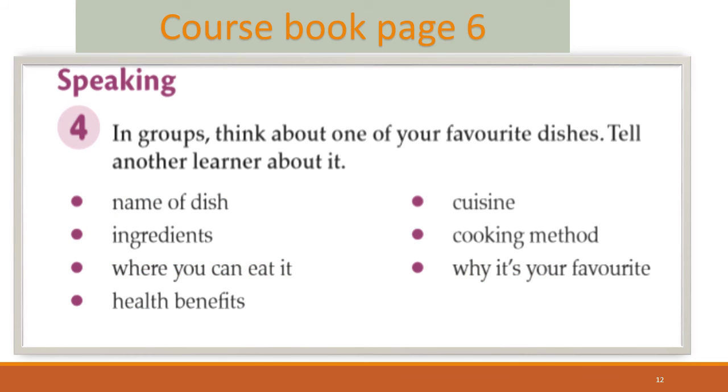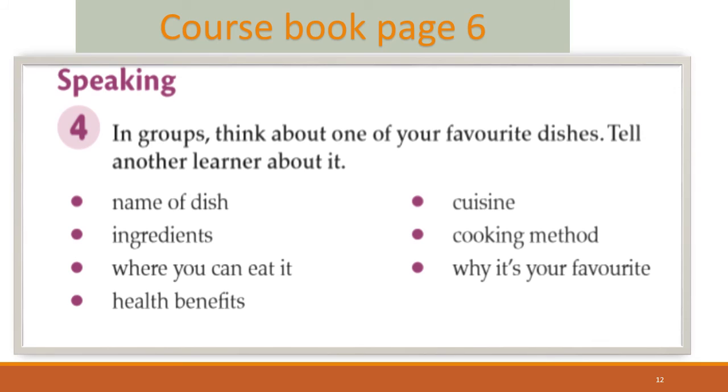Now, let's go back to the course book, page 6. I need you please to think of your favorite dish. Tell me the name of the dish, ingredients, what are you going to use to cook this dish, where you can eat it, in a restaurant or at home or in China.